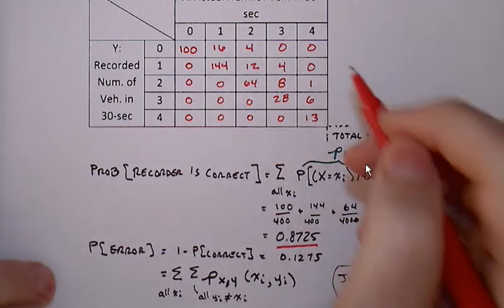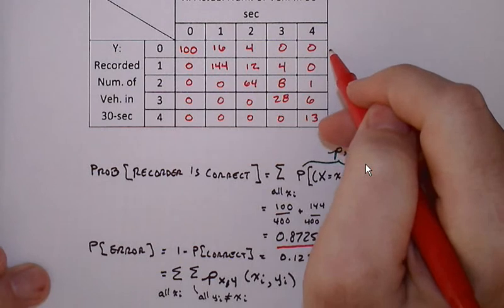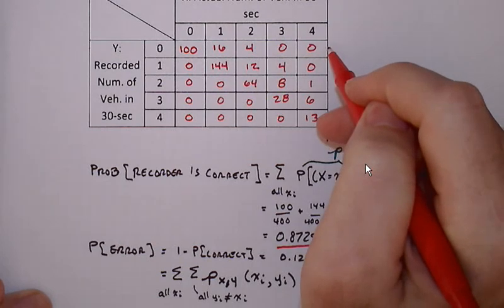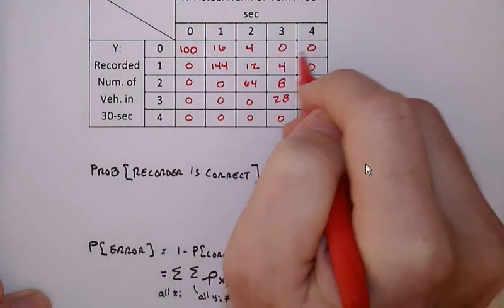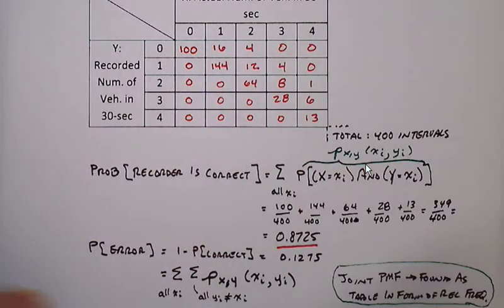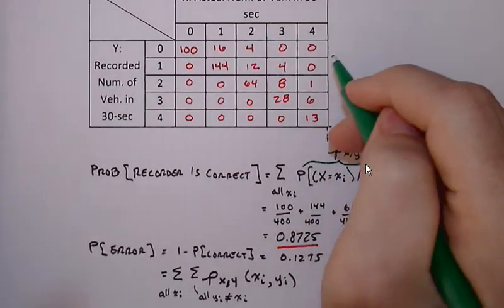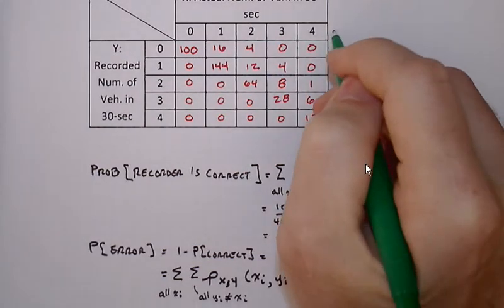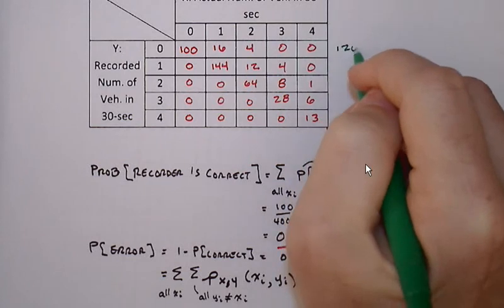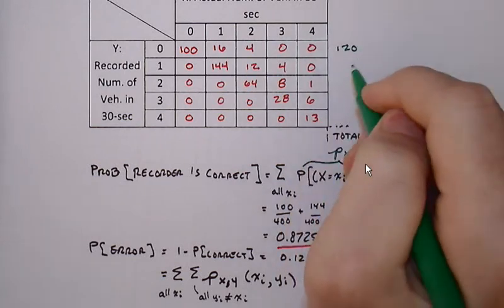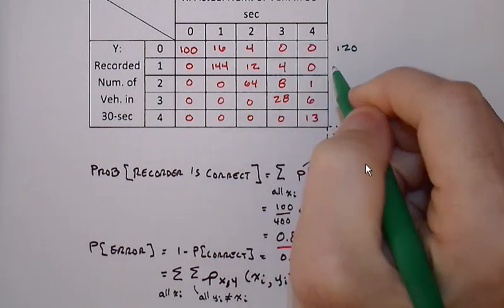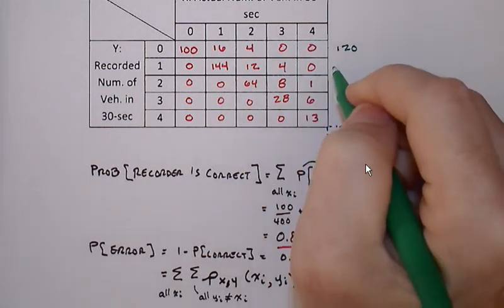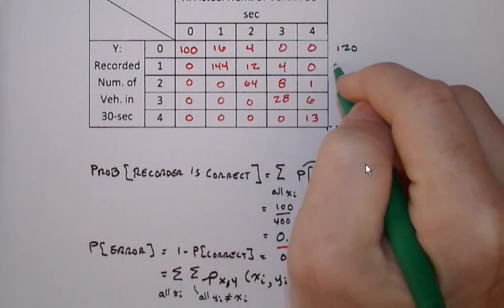For instance, if we were to ask the question, how often was it that the instrument recorded 0? Well, that would just be the sum all the way across this table. So that would be 100 plus 16 plus 4, or 120. And then likewise, how many times did we have the record of just one, summing across horizontally?